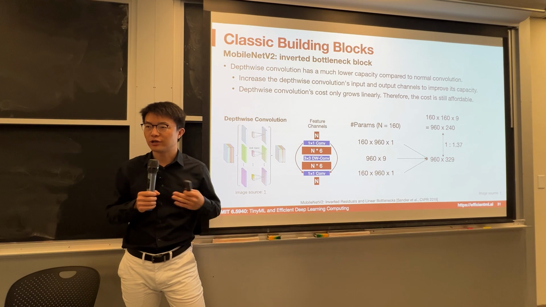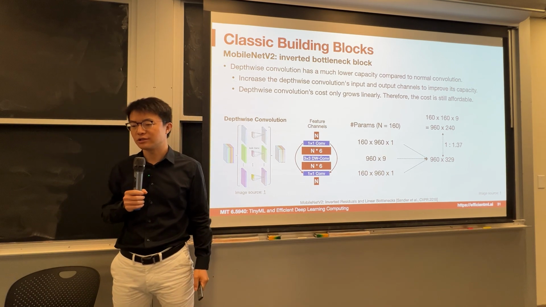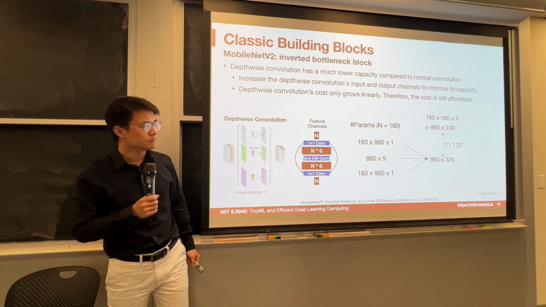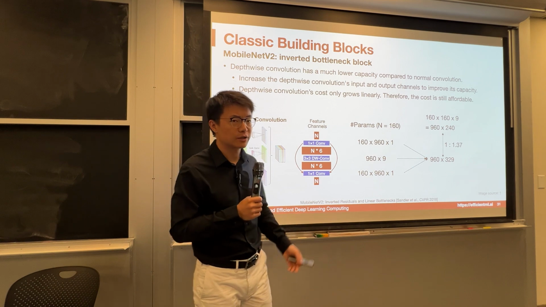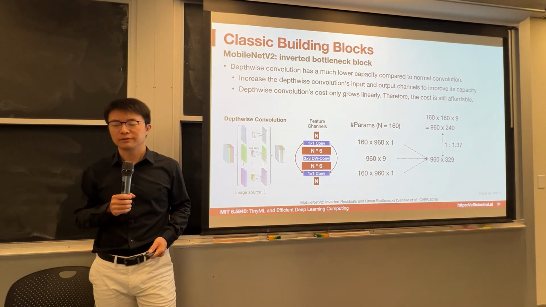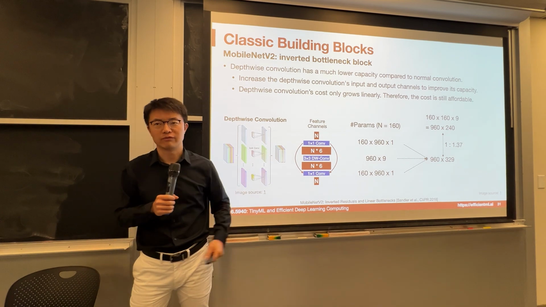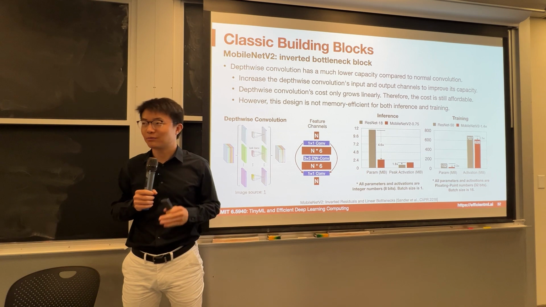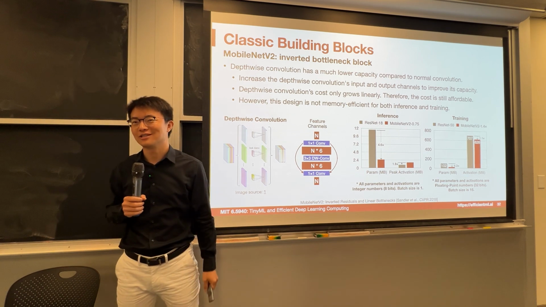It can better take advantage of the parallelism in the hardware, and also the compute is more regular. So depending on the hardware platform, different building blocks are preferred. So not always is depth-wise convolution or MobileNet efficient. And actually, sometimes they are super non-efficient.